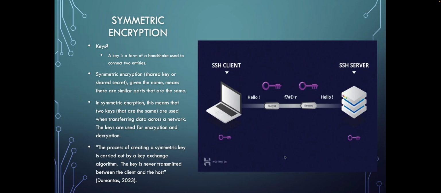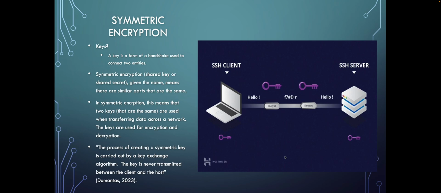In symmetric encryption, the two keys, which are the same, are used when transferring data across a network. These keys are used for encryption and decryption. And in a lot of these encryption processes, I found quotes that articulated the overall process well.